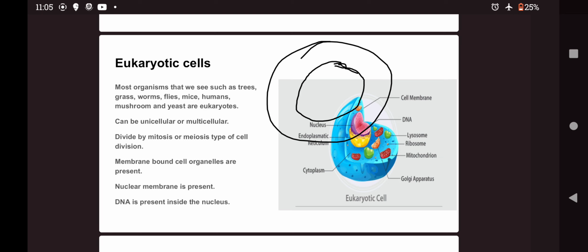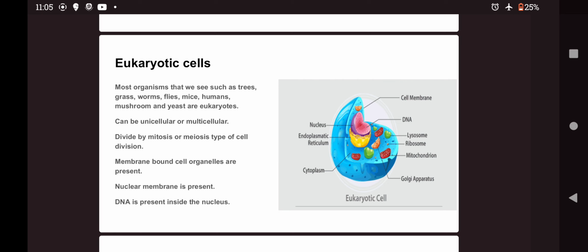Inside this nuclear membrane, the genetic material is present. As you can see, this is the cell cytoplasm, and this is the nuclear material, that is the nucleoplasm, and the cell cytoplasm and genetic material are completely separated from each other because of the presence of the nuclear membrane.